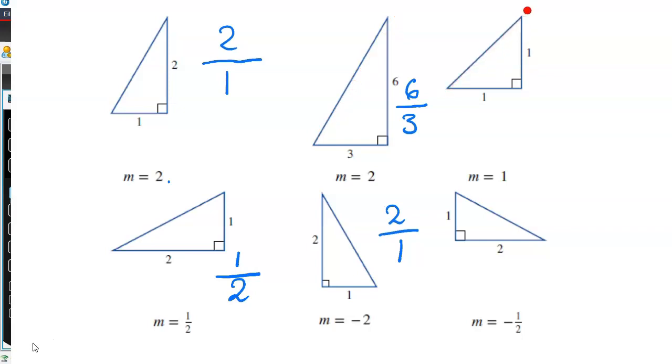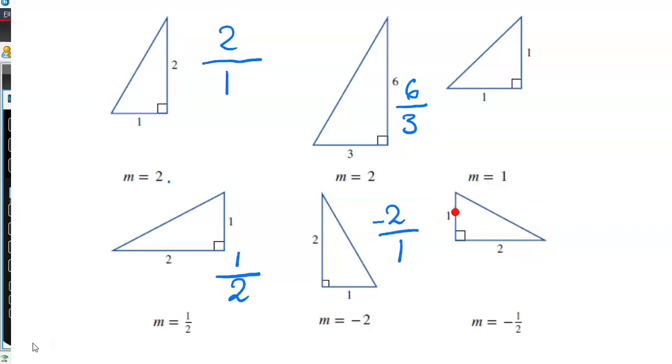It's positive. It's going upwards from left to right. But here, from left to right, it's going down. So we think about that 2 as a negative 2, that it's going down by 2. So that's how we end up with a gradient of negative 2.